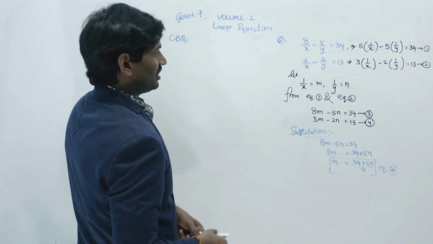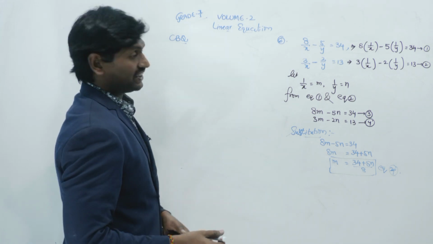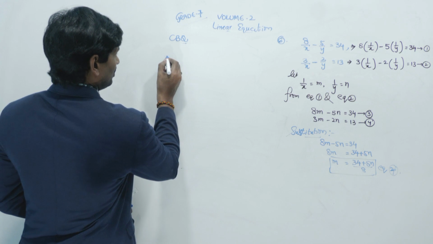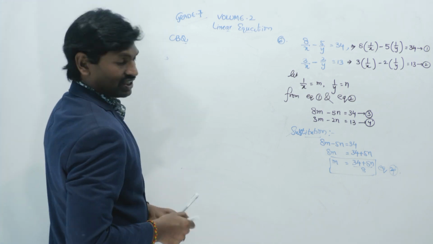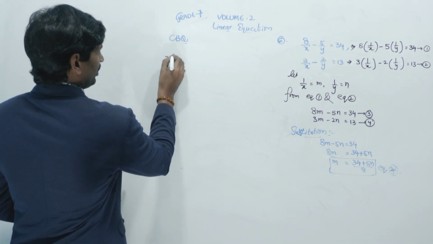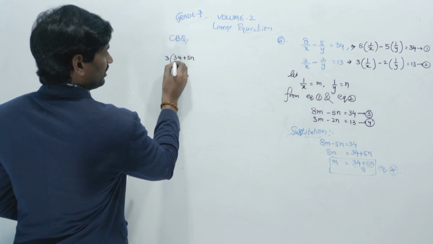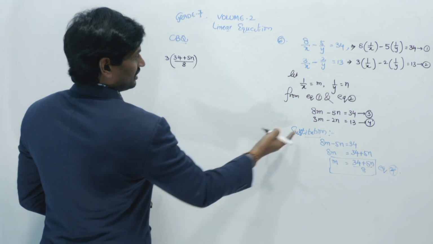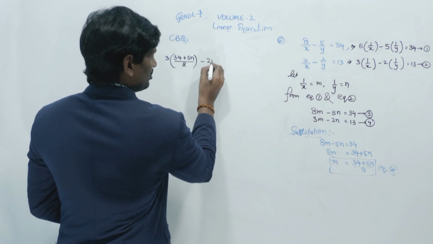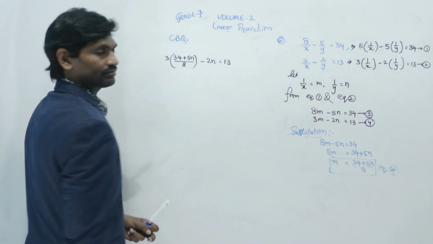What is the equation here? Equation 4 is 3m minus 2n equals 13. 3 into m, what is the m value here? 34 plus 5n by 8.